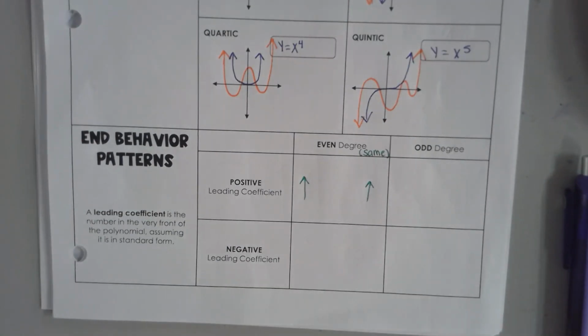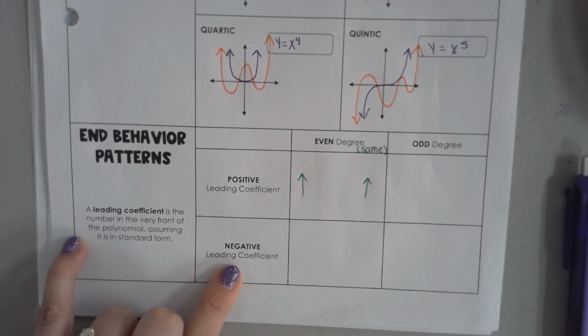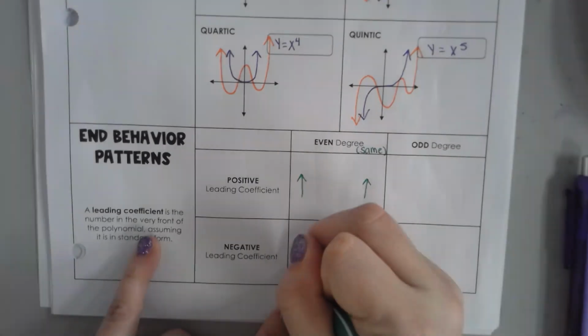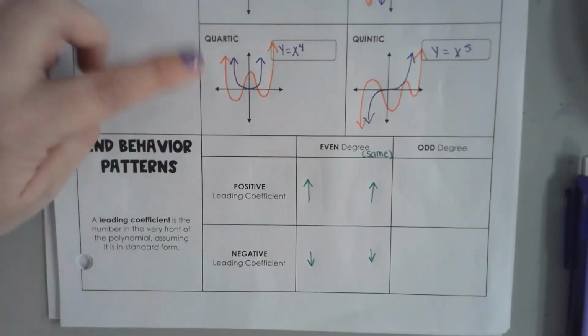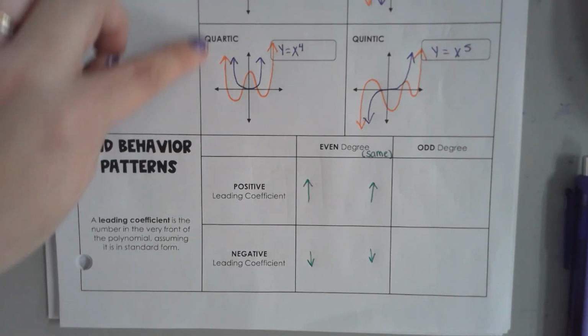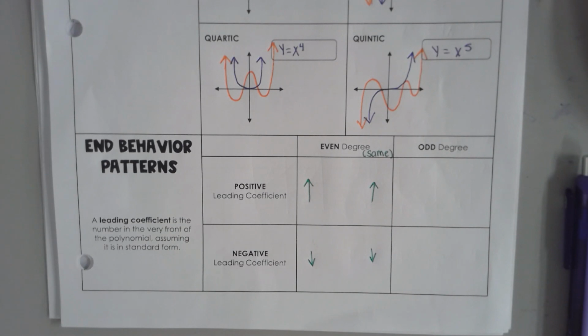So the left side points up, the right side points up. However, if it's negative, it's going to be flipped. They're both going to point down. So if I had done a negative x squared, this would be upside down. Or a negative x to the 4th, it would be upside down. So both arrows point down.